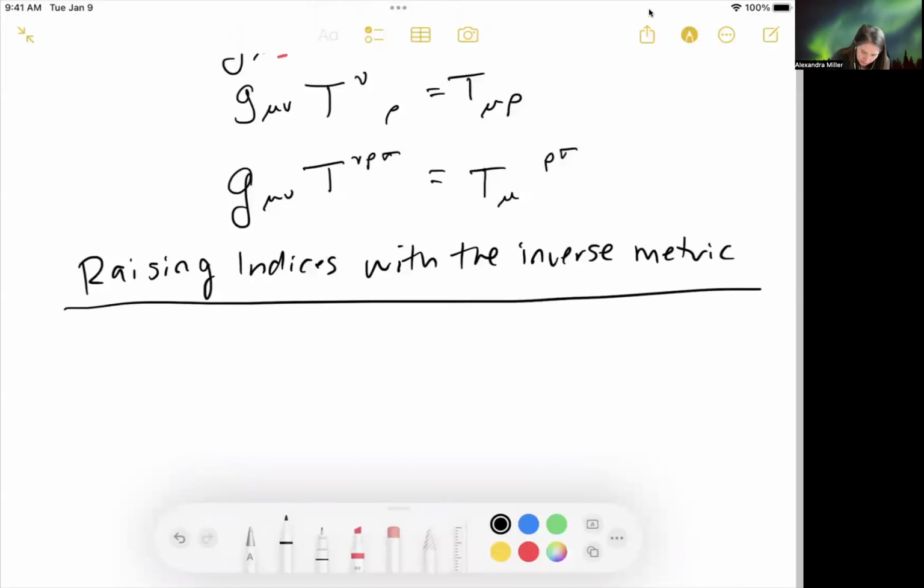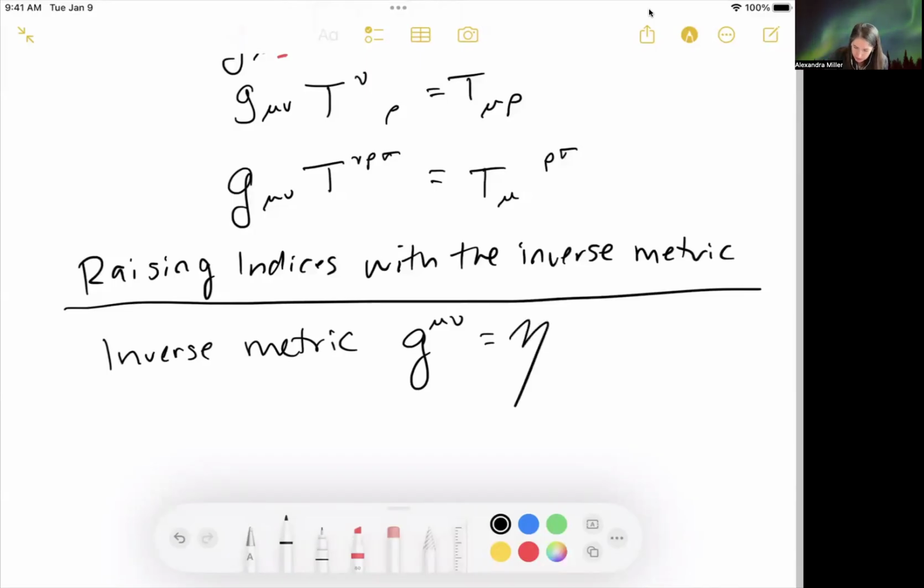So the inverse metric is g mu nu upstairs, or again, if I want to stress that I'm using the Minkowski metric, we can write it as eta. But again, in this class, we're doing special relativity, so when we say the metric, we always mean the Minkowski metric.